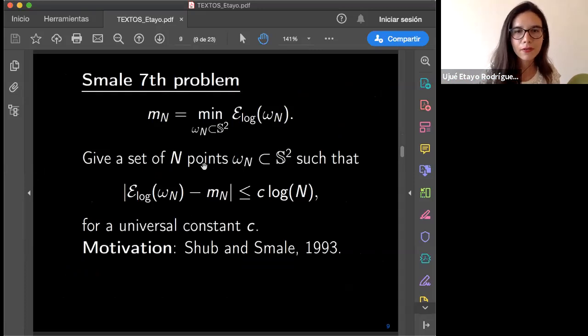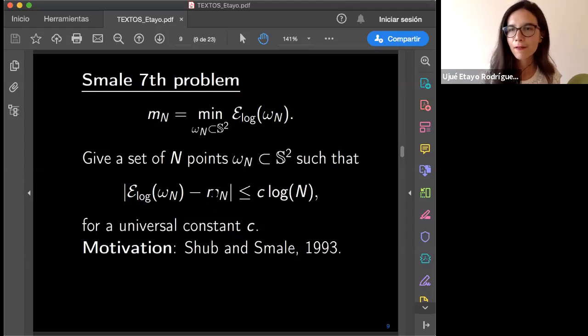So you can see that for what was asked here, we are really far from obtaining a solution, because here we need a set of points that is close enough to the minimizers up to a log n asymptotic expansion, and we don't even know where the log n comes in for the value of this minimal logarithmic energy. So yeah, not big hopes for the moment.